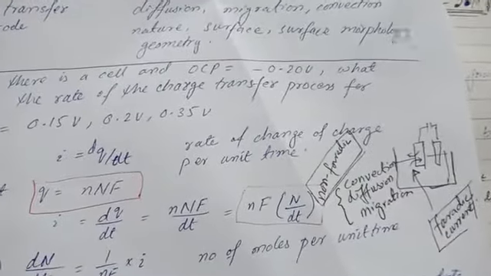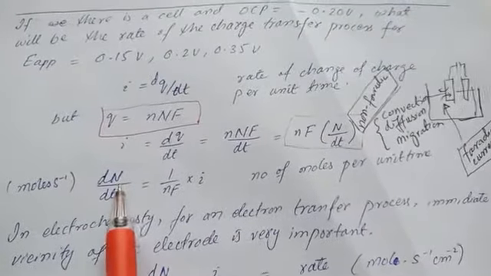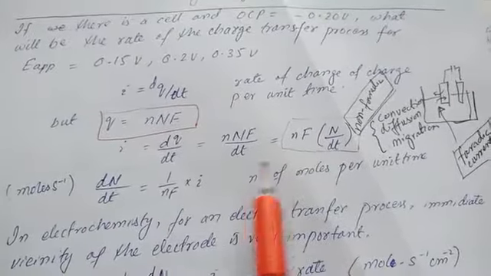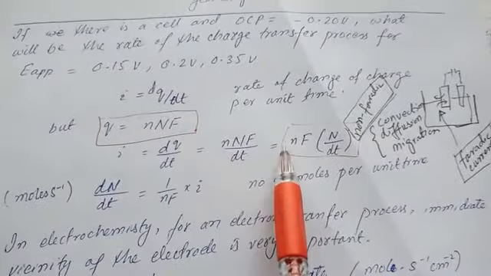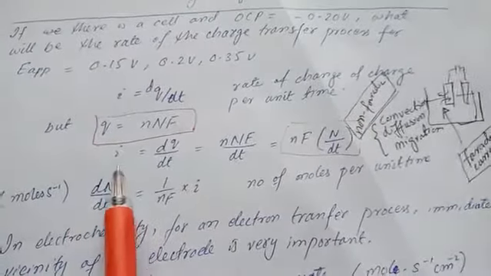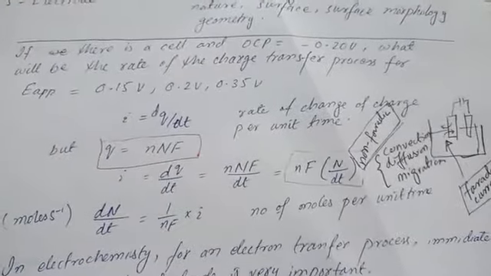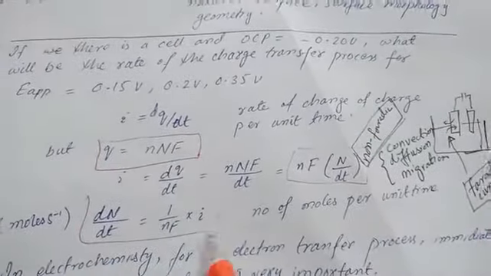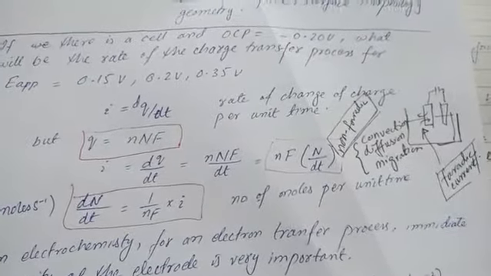And in kinetics, we know that the rate of a chemical reaction depends on the change in the number of moles with respect to time. So if we have the number of moles defined in the form of heterogeneous rate transfer and heterogeneous current, we get this expression in terms of number of moles per unit time.